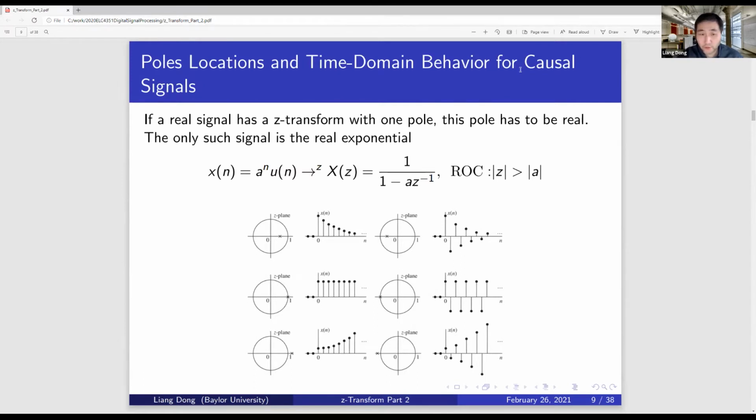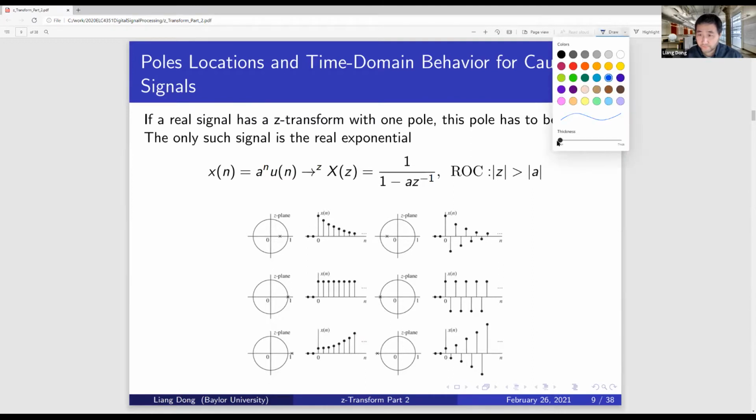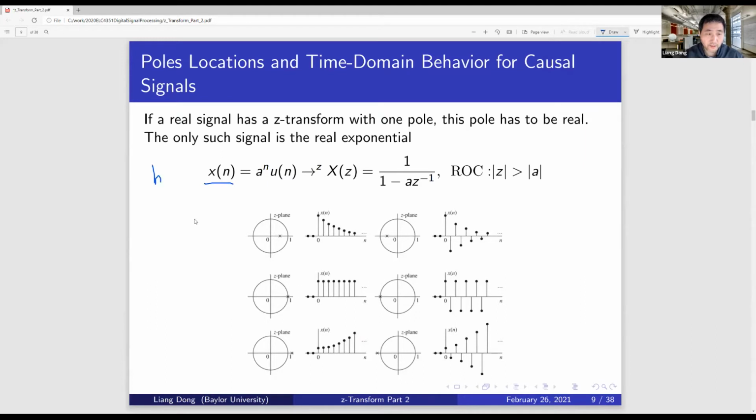So eventually we will use h[n] to replace this guy. Eventually we are dealing with h[n], if it's a causal system, so we have something to say about h[n]. Here we are just using any general signal x[n], but make sure that we understand it is causal here.